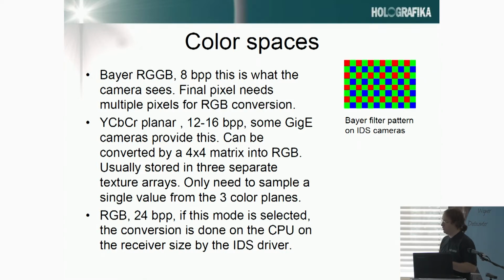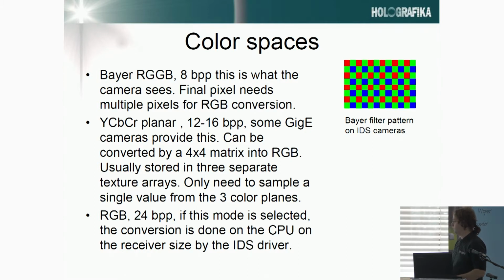For industrial gigabit Ethernet cameras, retrieving the raw image is usually supported. Some cameras feature luma and chroma in planar memory arrangement, which can be either 12 or 16 bits per pixel. This is also very easy to convert into RGB. There is a 4x4 matrix that can convert to RGB.